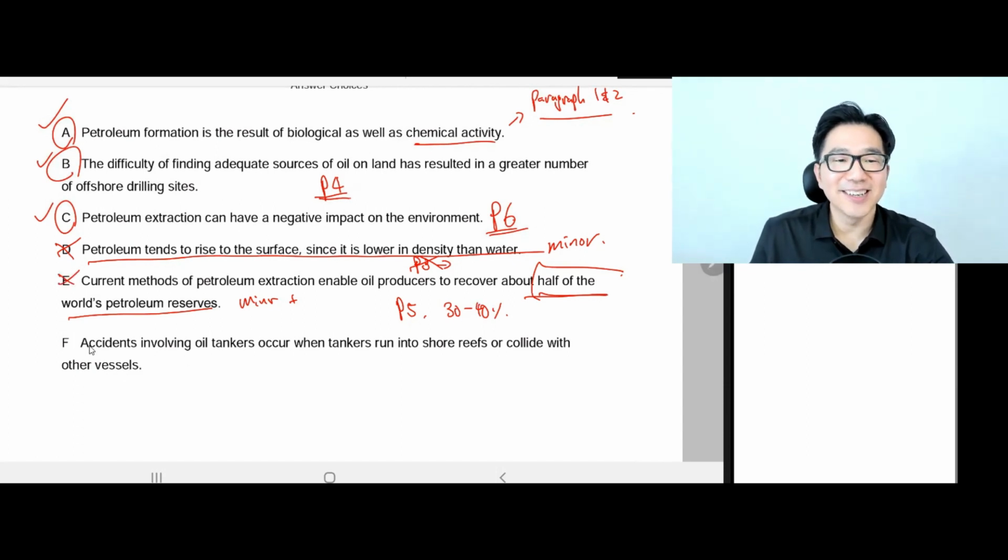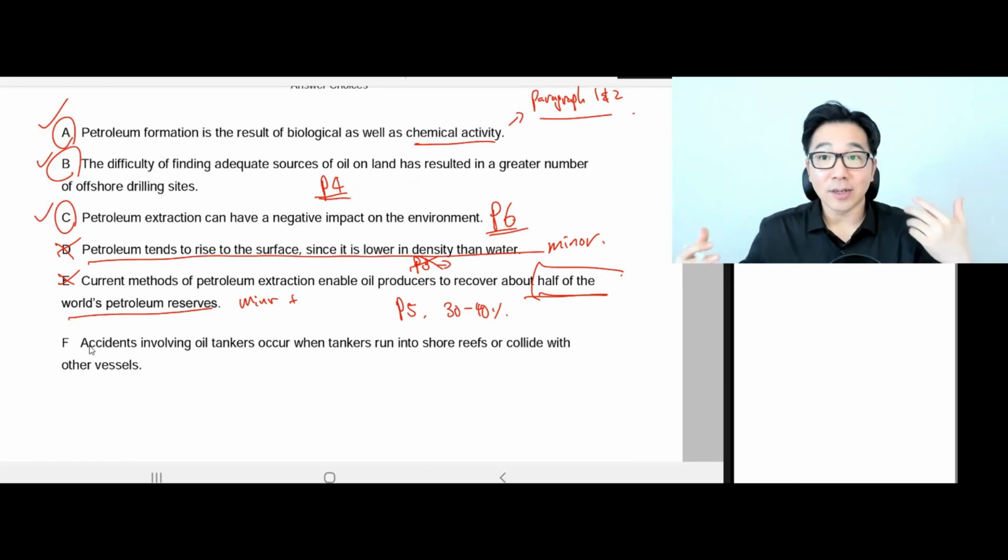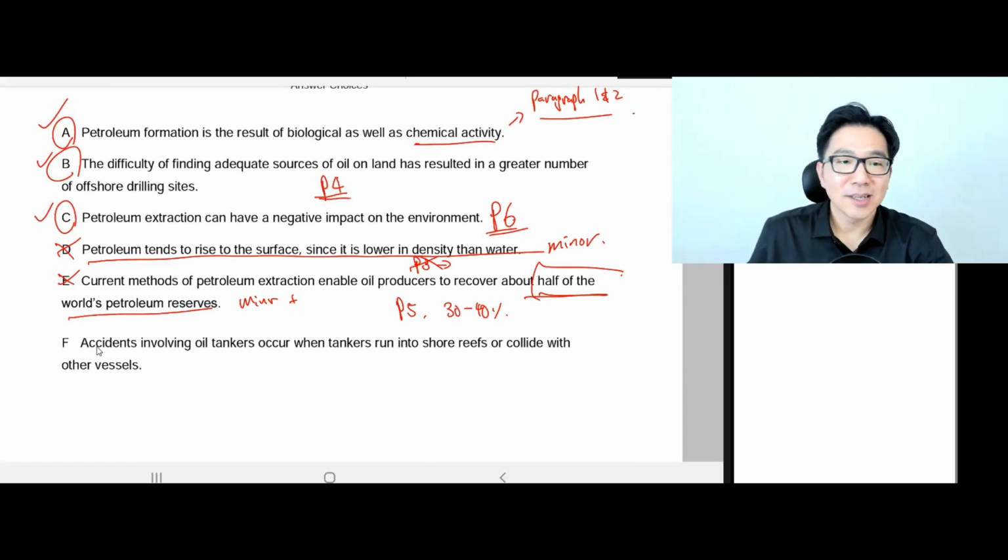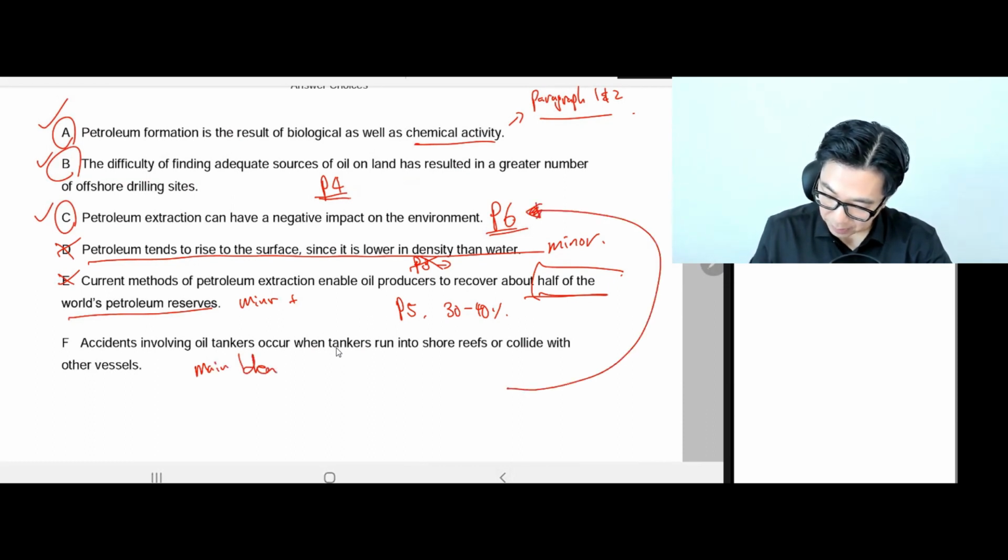Okay, please. Don't be right. I mean, I want F to be not right. Otherwise, I'll be in trouble, wouldn't I? F. Accidents involving oil tankers occur when tankers... First of all, it's not a main idea because we already have an answer from the same paragraph. How can both be the answer?